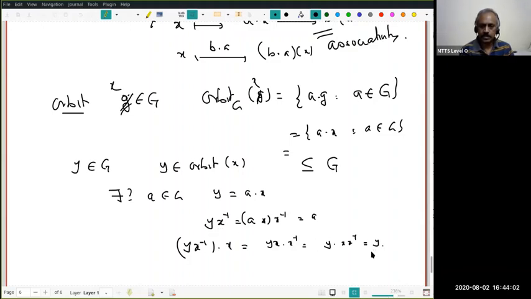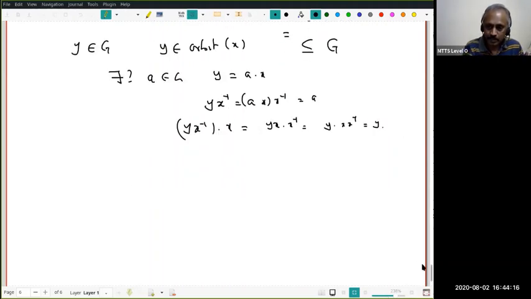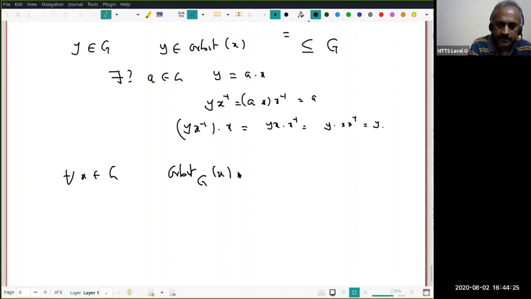That means the orbit of any element is the full group. Do you understand this? This is something fantastic. So far, we have not seen such an example earlier. So what have we seen? For every x in G, the orbit is G itself.